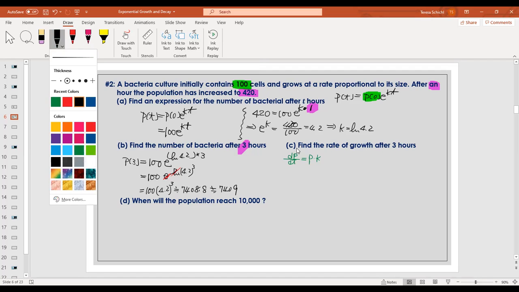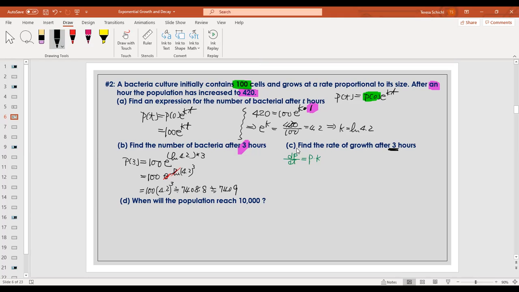All right, so now they want to find it after 3 hours. So I'm looking for dP/dt, which is really P prime, the derivative, after 3 hours, so it's P prime of 3.